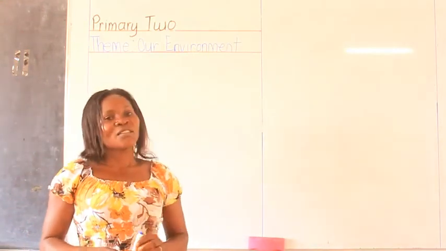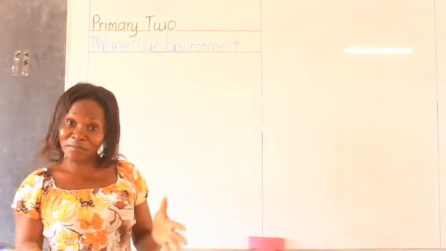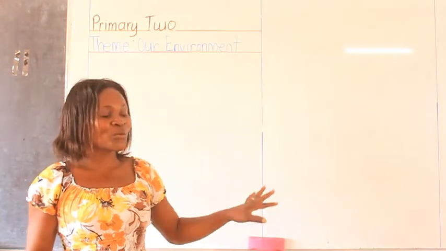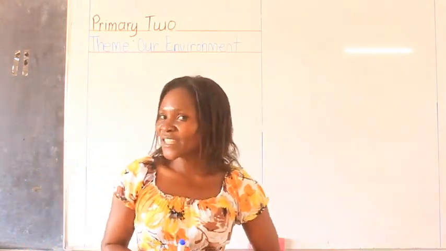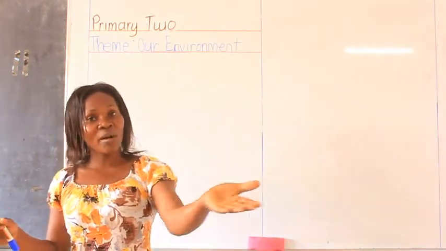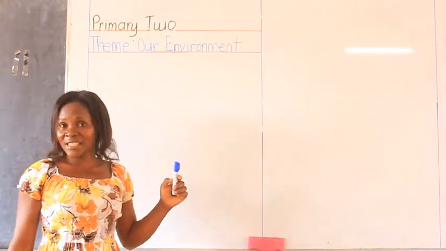So, what is environment? That is what we are going to ask ourselves today. I want you to look around where you are. If you are in your sitting room, look around. If you're outside, take a look in your compound and see what is around you. Because our definition is just easy.